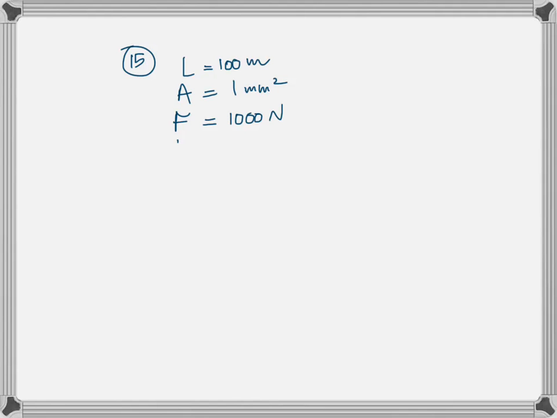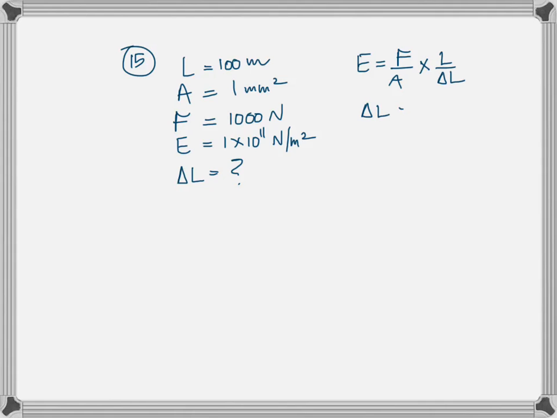Okay, anyway, when I write that down, force is 1000 Newton. Young's modulus is 1 times 10 to the 11, and the formula for Young's modulus is F by A times length by change in length. Make change in length the subject. Rearrange, substitute those numbers. And that's what I'm showing you, how to convert the millimeter squared into meter squared.